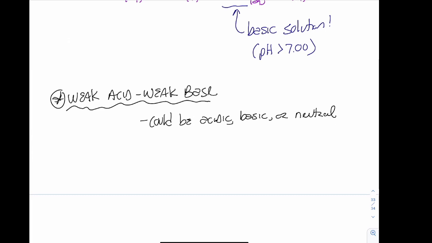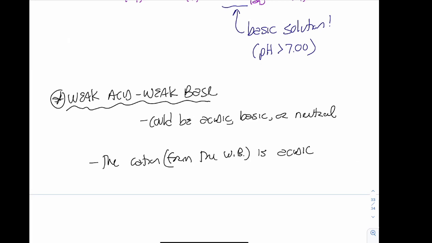Right? We know that the cation from my weak base is acidic. We know the anion from my weak acid is basic. So it just depends, is that acid stronger than that base? So the cation from the weak base is acidic, right?